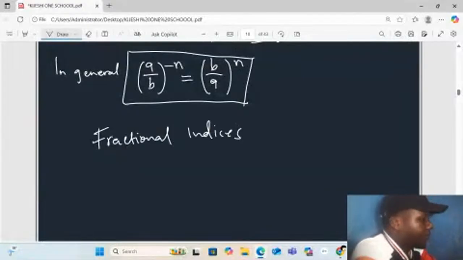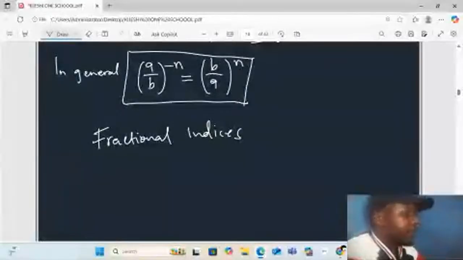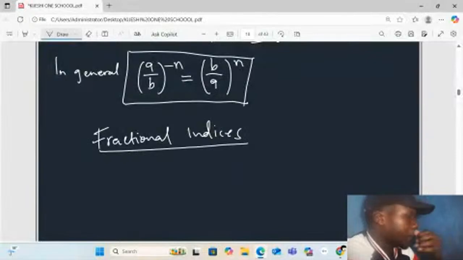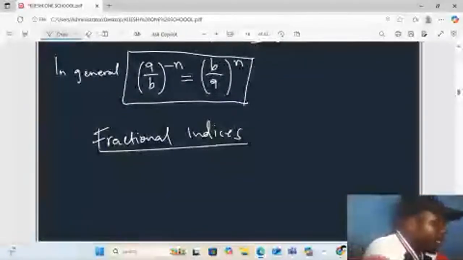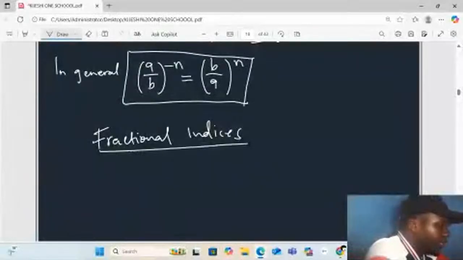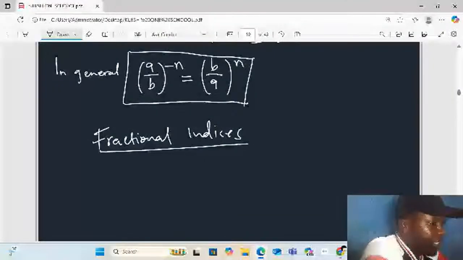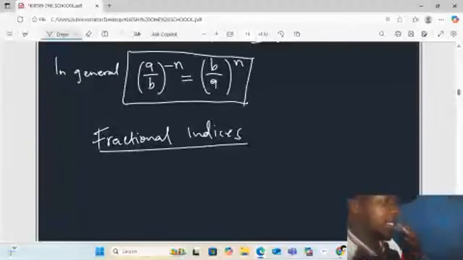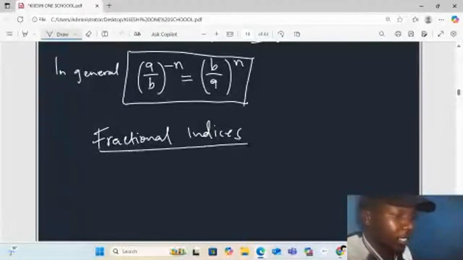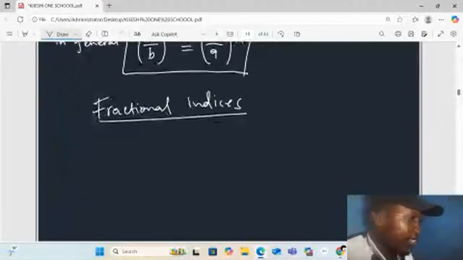These are now fractions. Let's have a few examples on such so that we see how it's done.